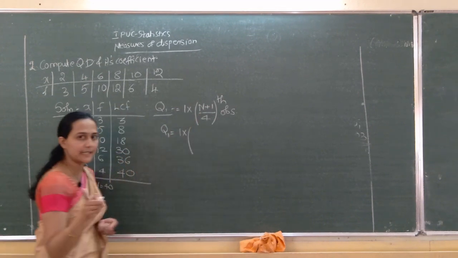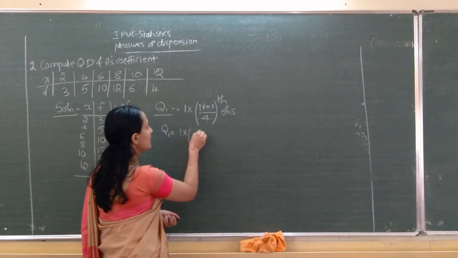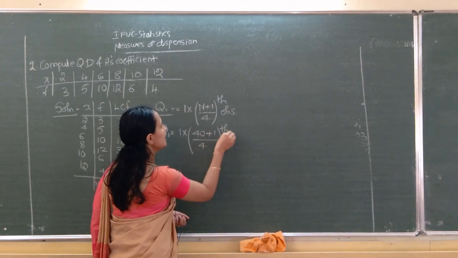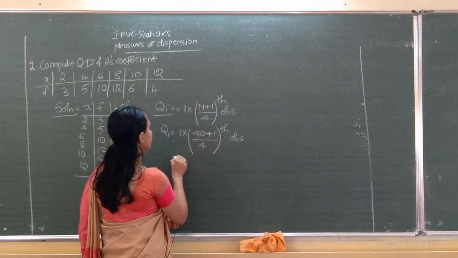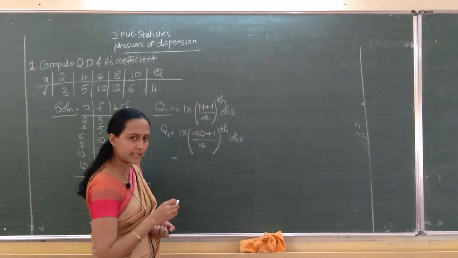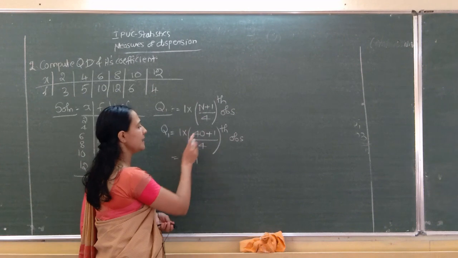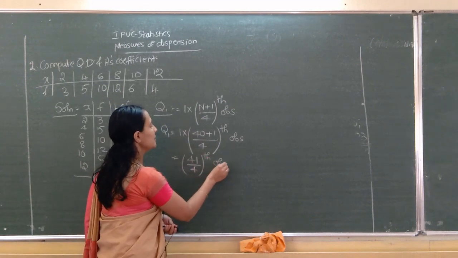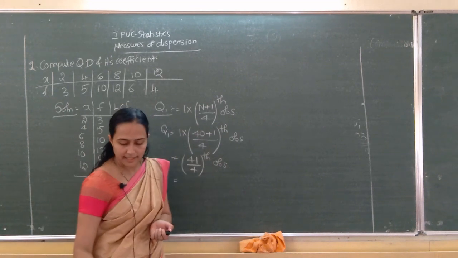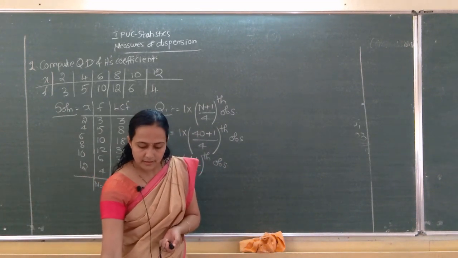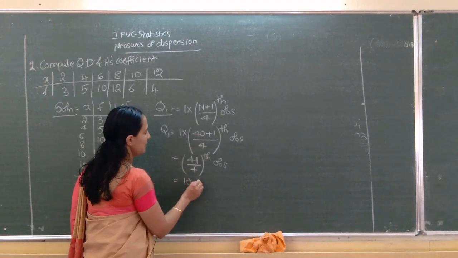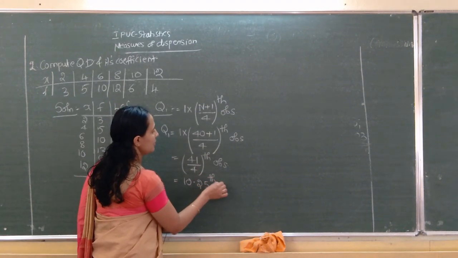So, Q1 equals 1 into (N plus 1) divided by 4th observation, where capital N is total frequency 40. 40 plus 1 is 41. 1 into any number is that number itself, so 41 divided by 4 is 10.25th observation.